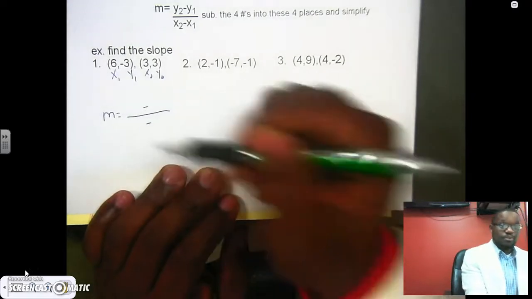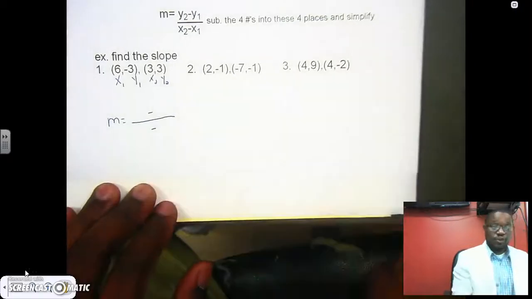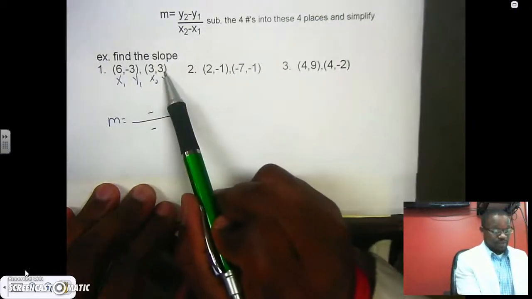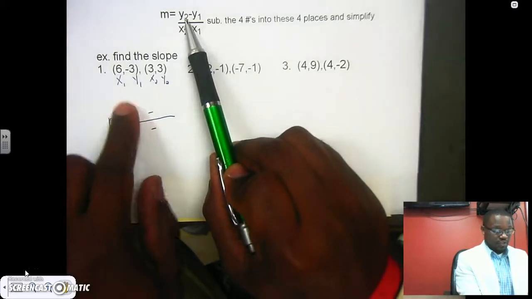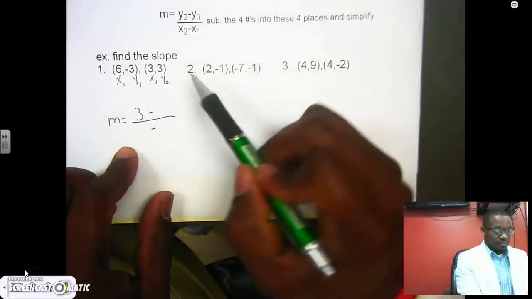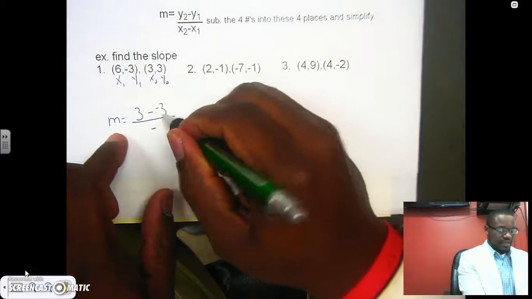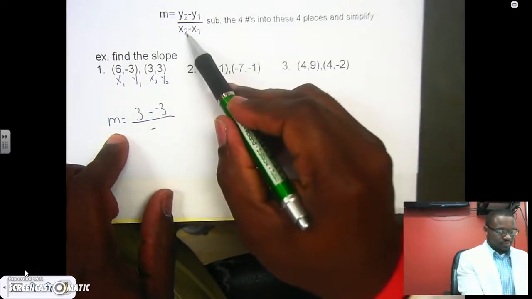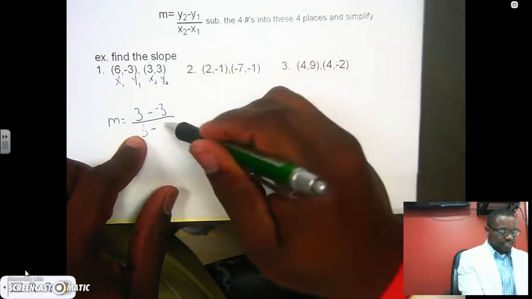This is like our game board. This is where we're going to play. We have 4 spaces here that get 4 numbers, and we have 4 numbers here. According to the map, y2 goes first in this position. So y2 is 3. Then it says y1 is next. This is y1, so negative 3. Then it says x2, which is 3, and then x1, which is 6.